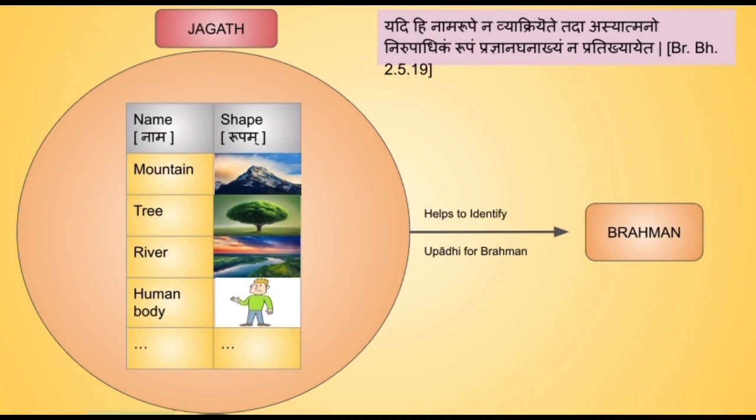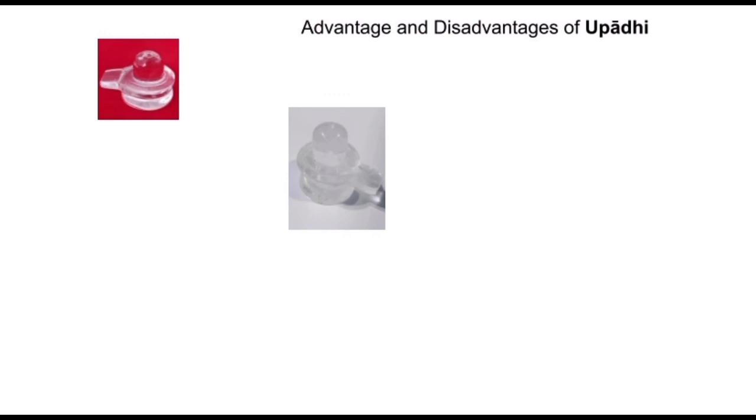Let's introspect on the Spatika Lingam example again. First, let's consider Spatika Lingam kept on a pink background. If you remove this pink background, you will see a transparent lingam which is otherwise a little difficult to see.